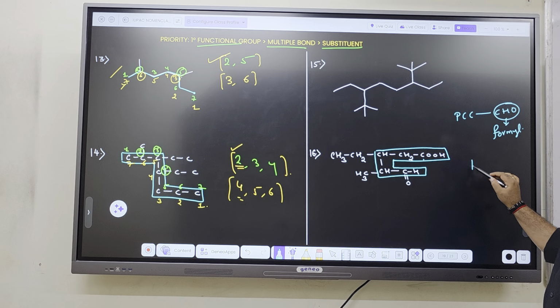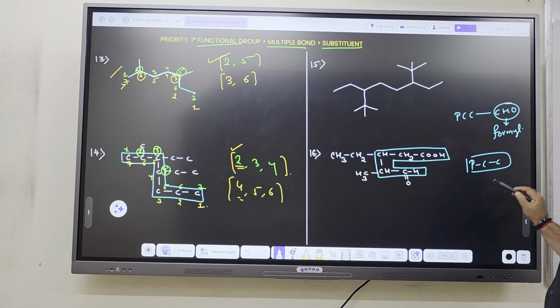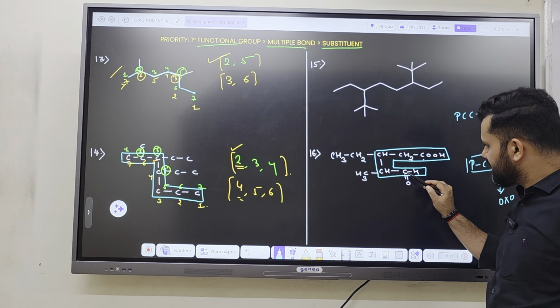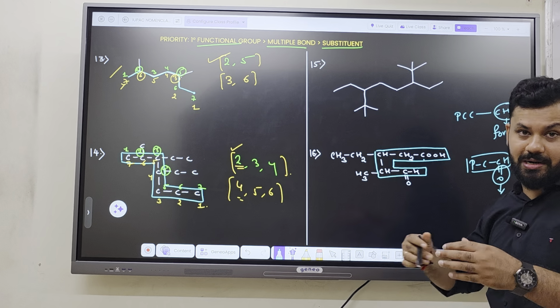But if in PCC, CHO is included, then this substituent is called oxo. For example, in my PCC, CHO's carbon is included.